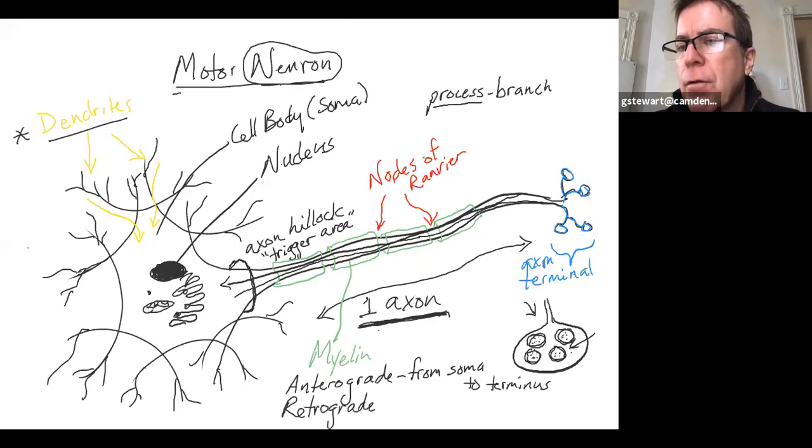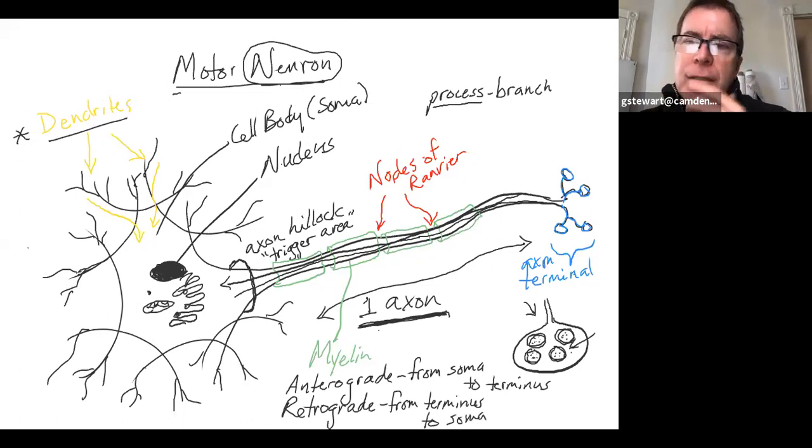So retrograde would be from the terminus to the soma, cell body. Okay. This doesn't have anything to do with firing an electrical impulse. It has to do with manufacturing the chemical that we store here that will be released when an electrical stimulus is generated.